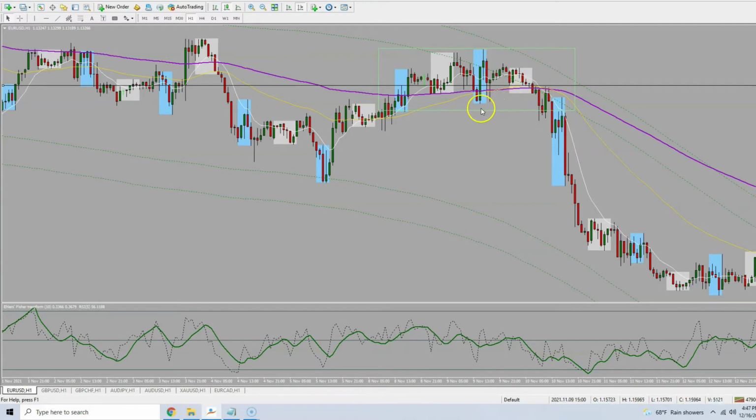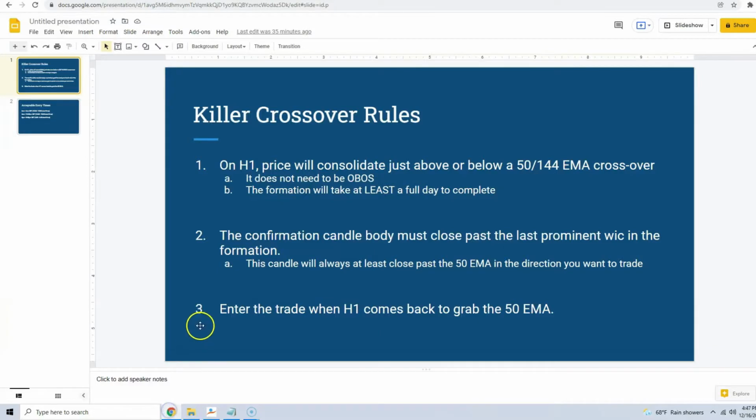Then we find the last prominent wick within that formation, which is right here. And then we need a candle body to close past that. Then we will have had a confirmation in this situation that it's a sell. After that happens, the only other thing you need to do is look for an entry. All you got to do is stay on the H1 chart and wait till price comes back and grabs the 50 EMA.